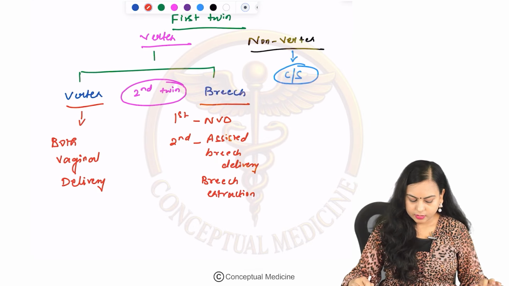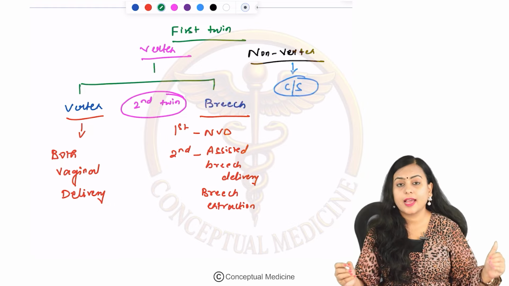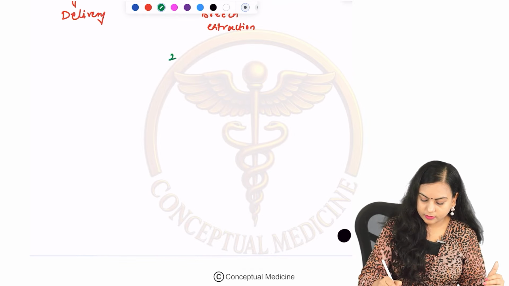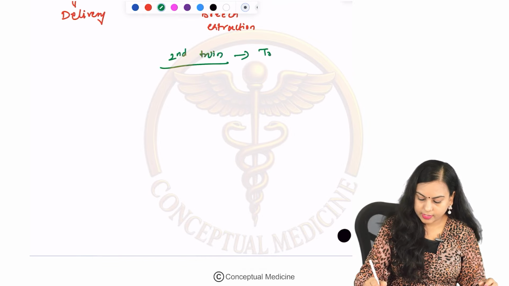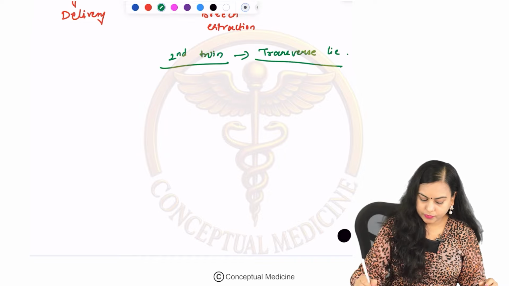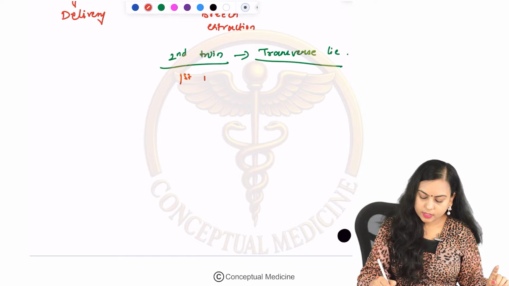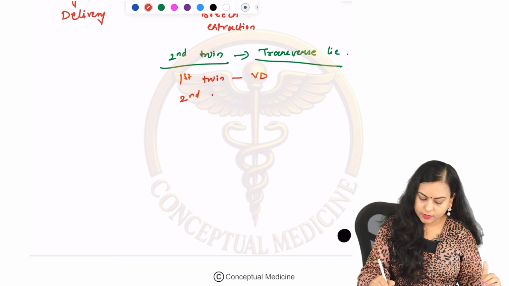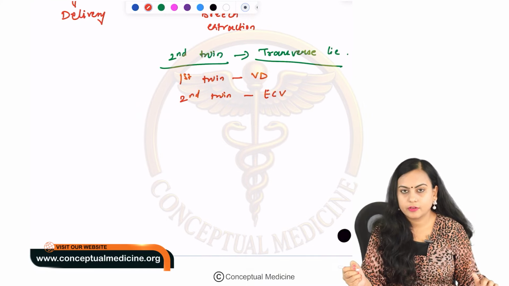Yes. Then, suppose the second twin has one more problem, okay? Suppose the second twin has transverse lie, then what will you do? You will give the first twin vaginal delivery, and for the second twin you will attempt external cephalic version, right?